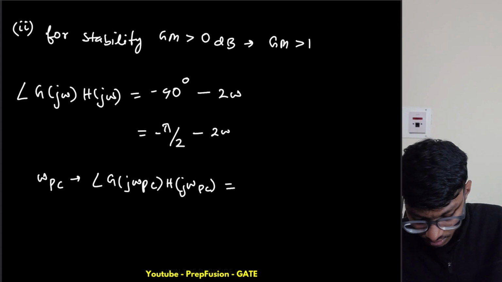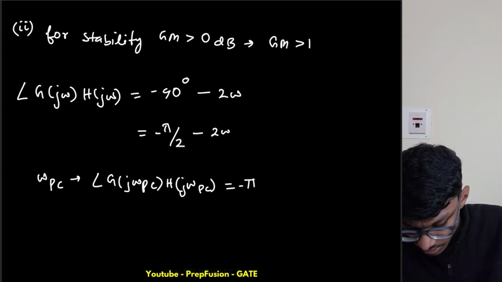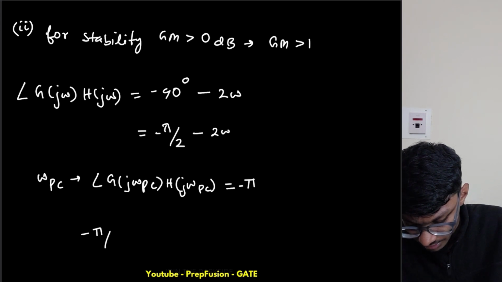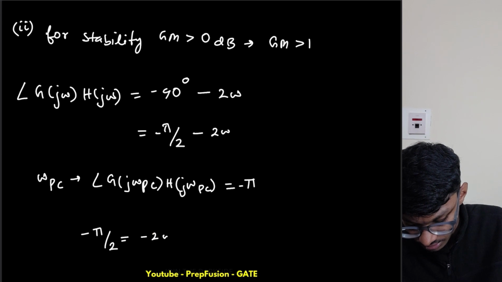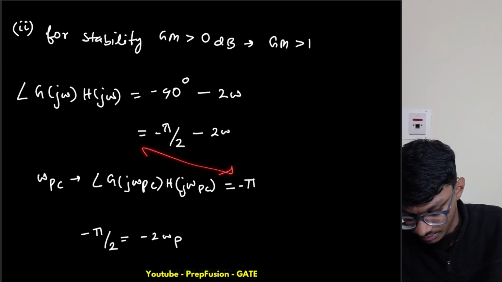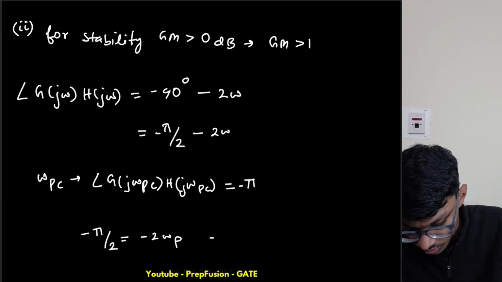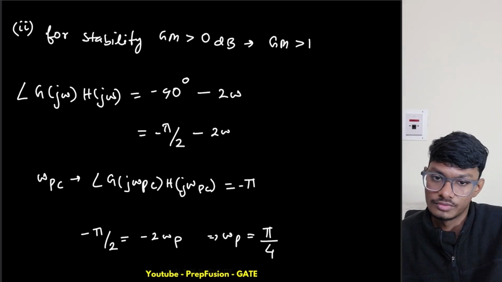It equals minus pi. So this becomes minus pi by 2, and equating these two equations, equal to minus 2 omega p equals minus pi. So my omega p equals pi by 4 itself. So my phase crossover frequency is pi by 4.